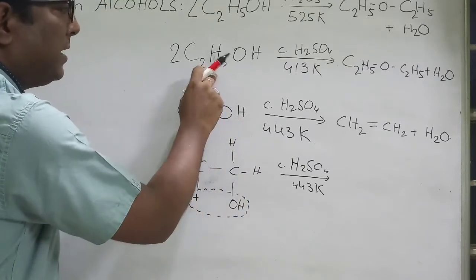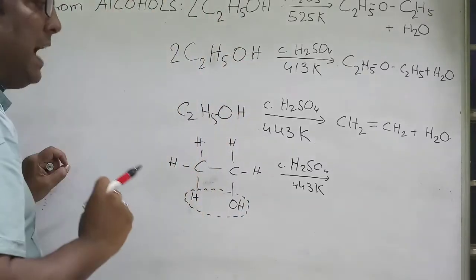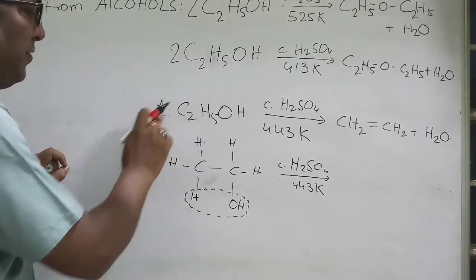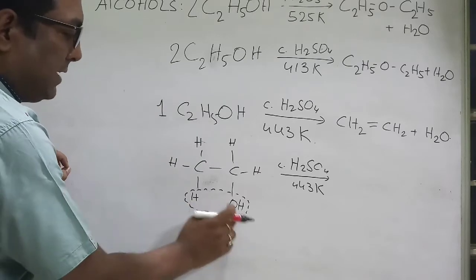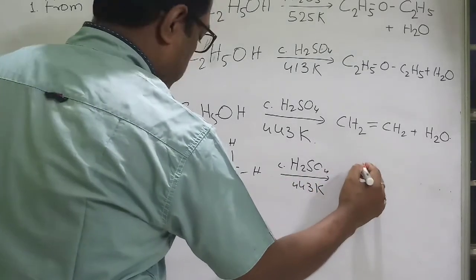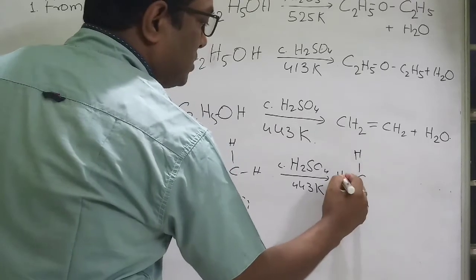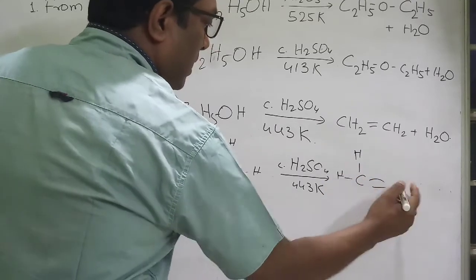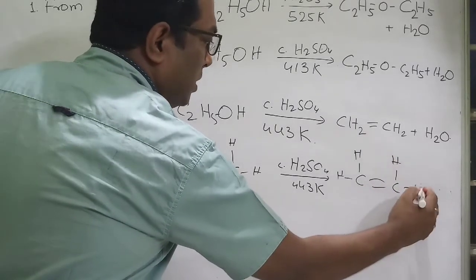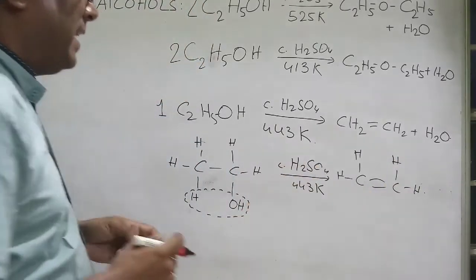Here 2 moles of the alcohol were used, and here 1 mole of the alcohol is being taken, and there will be a loss of water to form the corresponding alkene. So you can see the hydrogen forming a bond with carbon, and then carbon making a double bond with the other carbon, making an alkene.